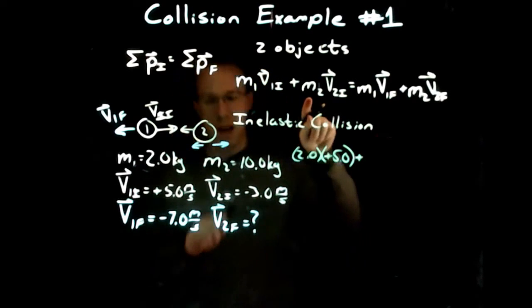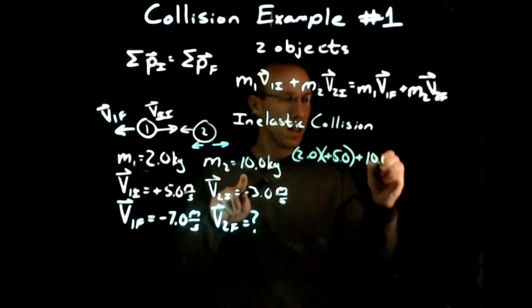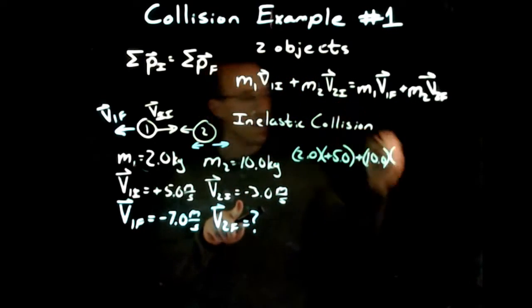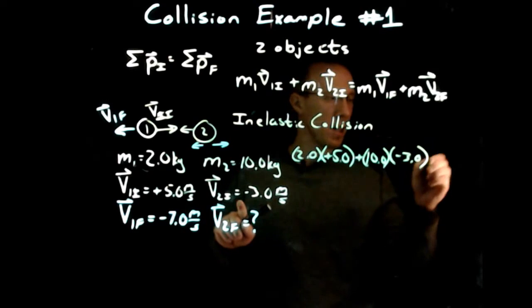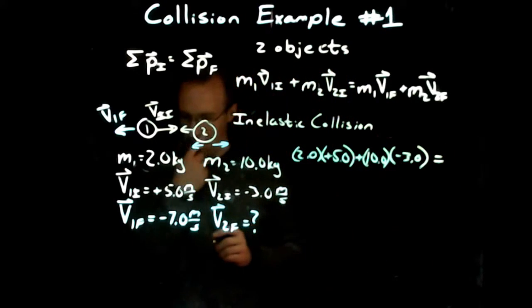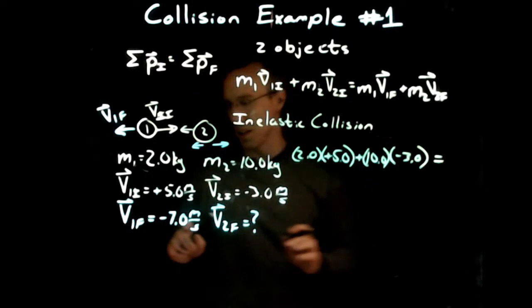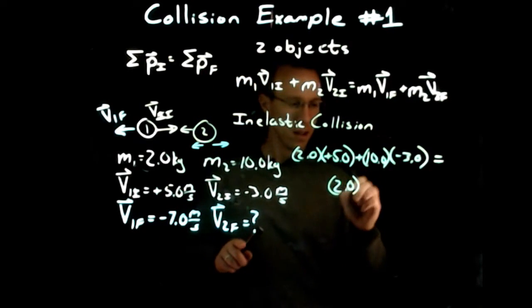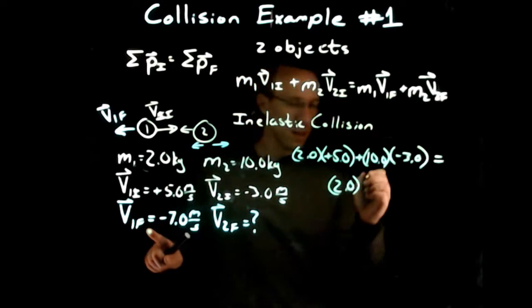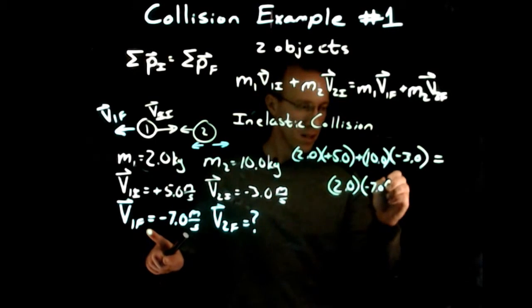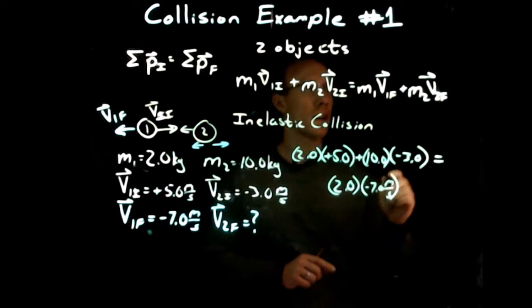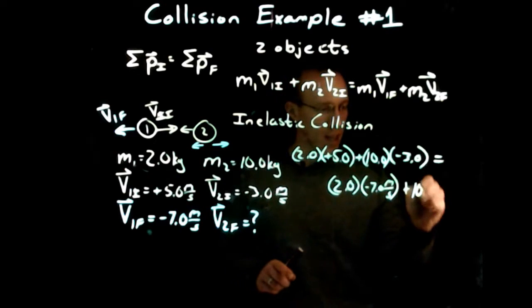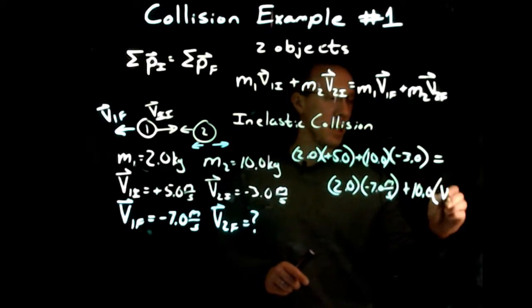Now we have mass 2, which is 10, times the initial velocity, -3, equals, and I'm going to write on the bottom here, mass 1, 2.0, times the final velocity. And then over here we have plus mass 2, which we know is 10, times V2F, which is what we're looking for.